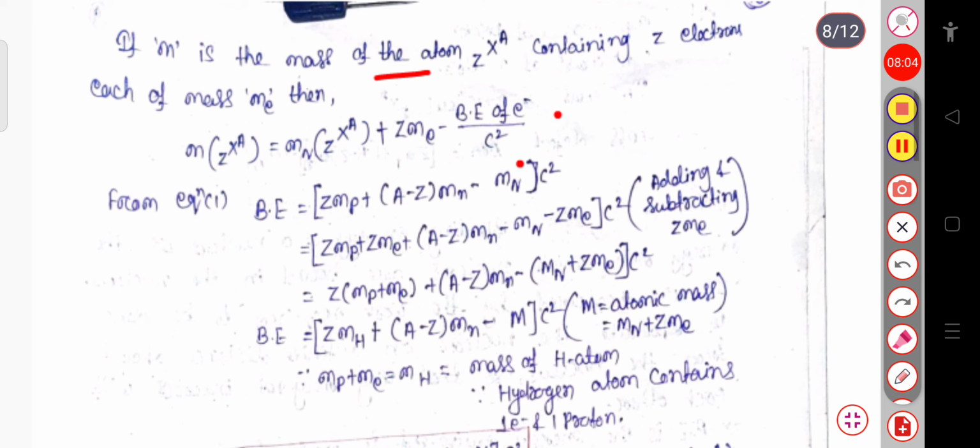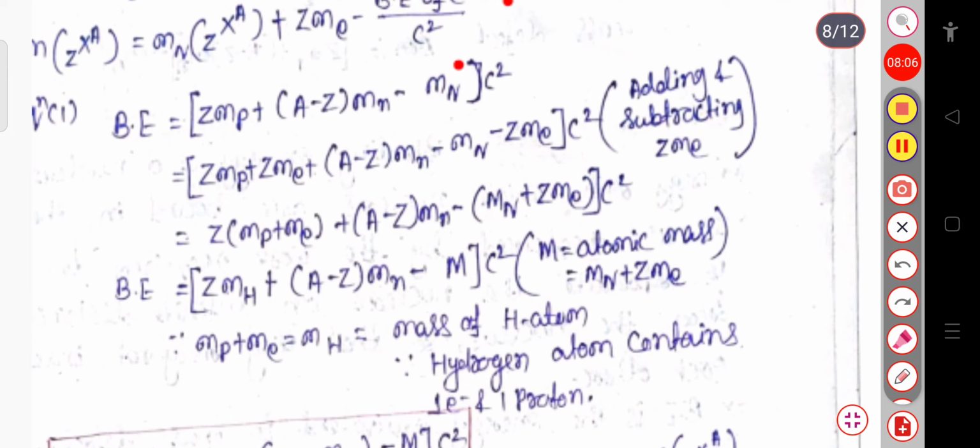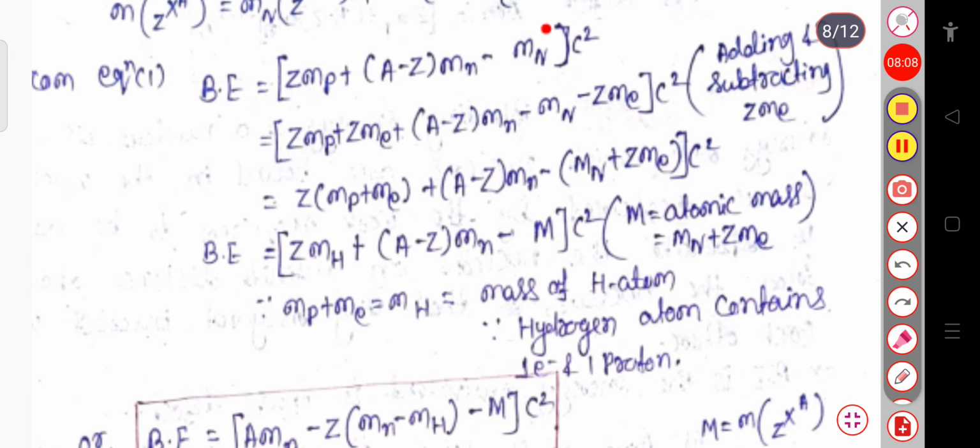But we have calculated the binding energy as delta m into c², where delta m is Zmp + (A − Z)mn. A − Z is the number of neutrons, so the number of neutrons into the neutron mass plus the number of protons into the proton mass gives the total mass of the nucleons.